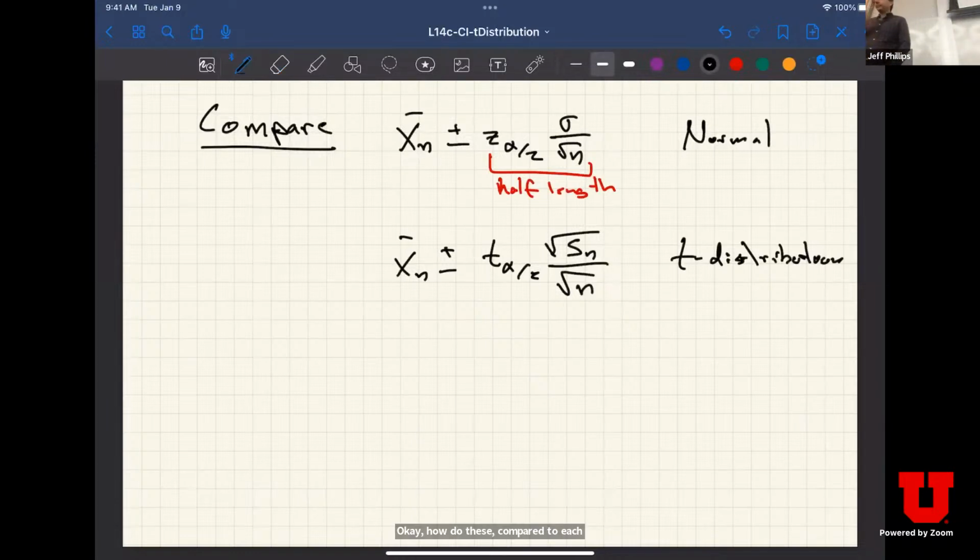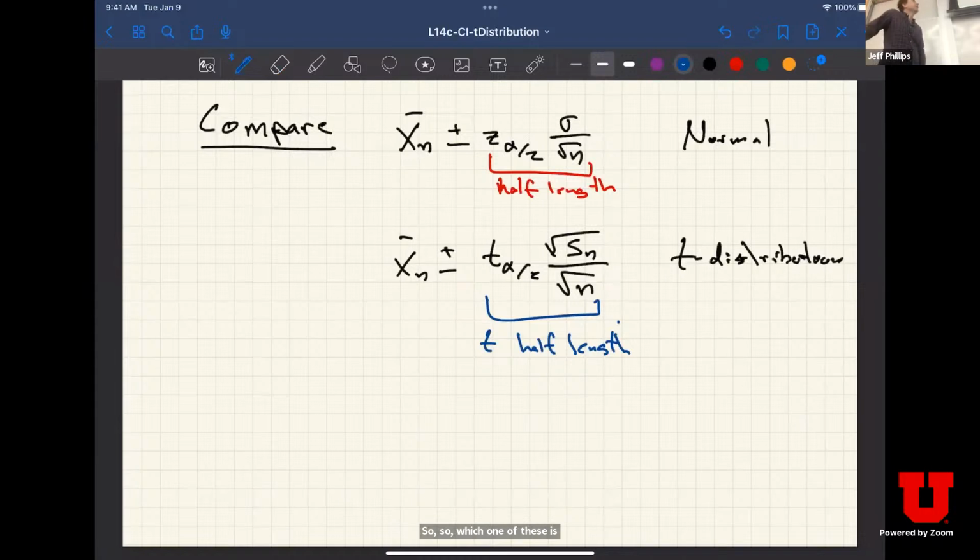Again, the half length. Which one of these is larger?